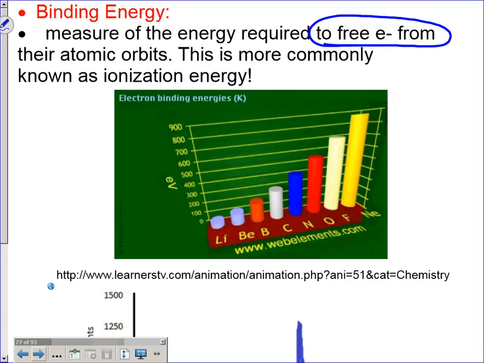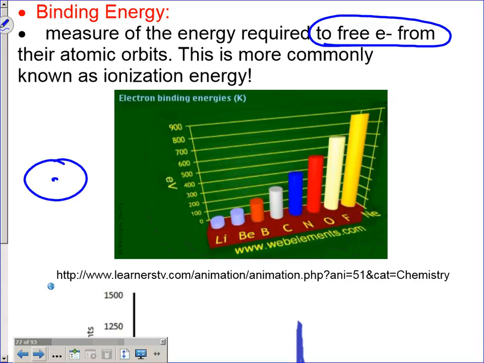So we talked about this with my lovely people who ran away from home and got tattoos. So the energy it takes to remove an electron from an outside orbital versus the energy it takes from an inside orbital.